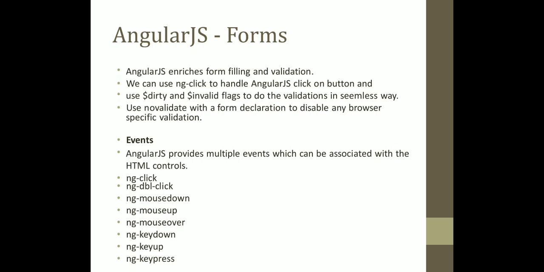Like what should be done if the mouse is going up and down, and what should be done if it is over a text or over a particular image. So you can see there are so many options with AngularJS forms.